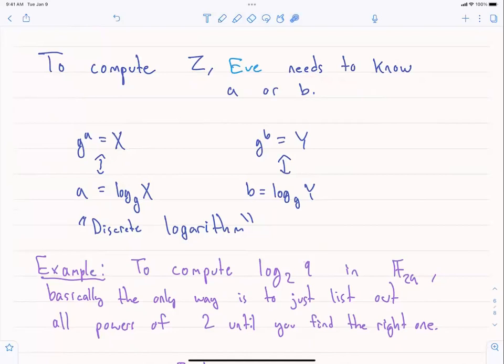So she knows this number that Alice shouted out is G to the A, and she knows this number Bob shouted out is G to the B. And so what she needs to do is compute the logarithm base G. So A is the logarithm base G of X, and B is the logarithm base G of Y. This is called the discrete logarithm problem. So it's a log in a finite field.